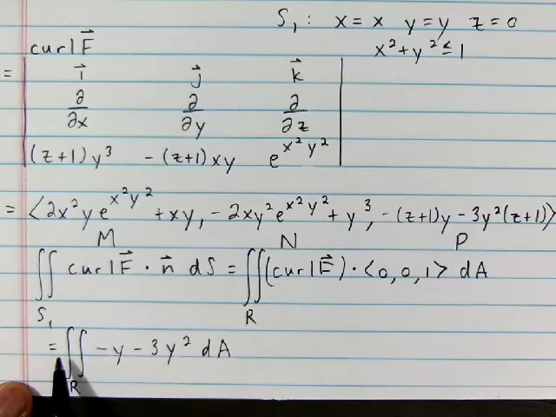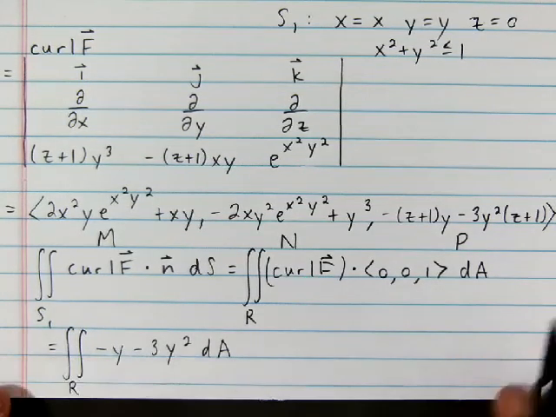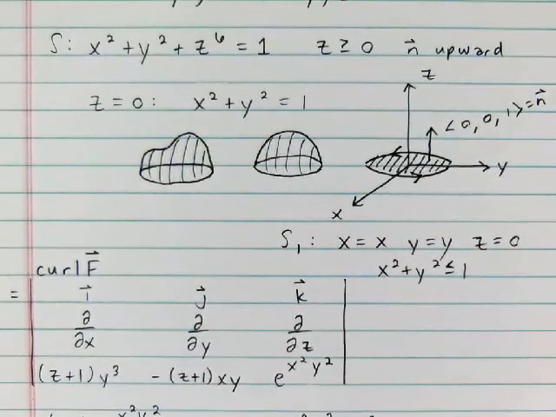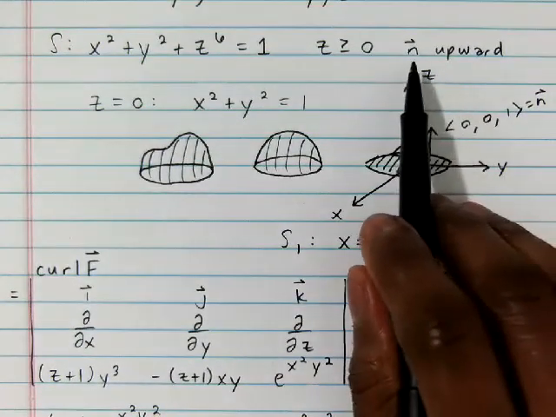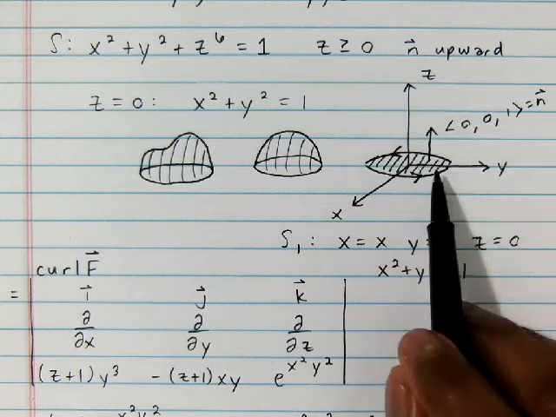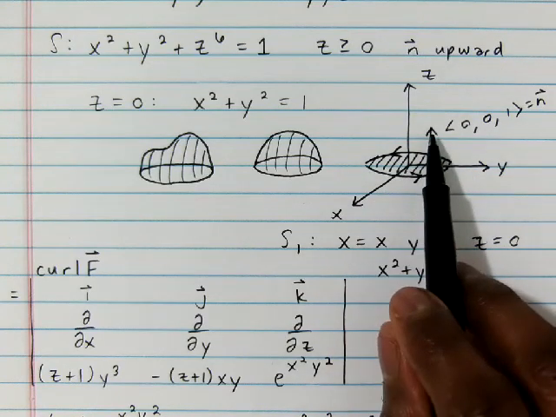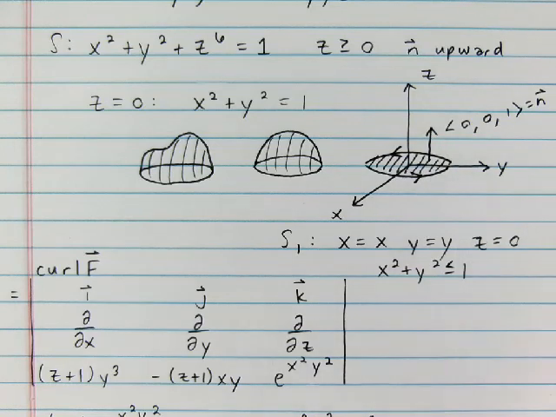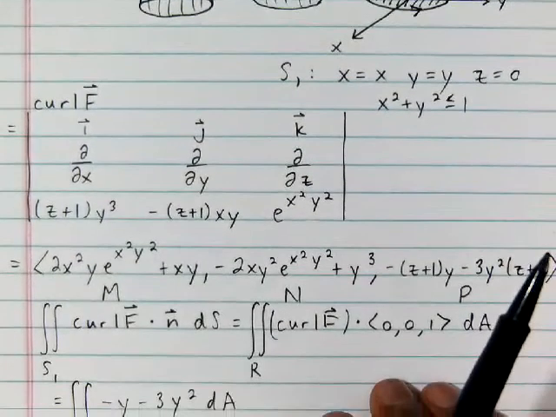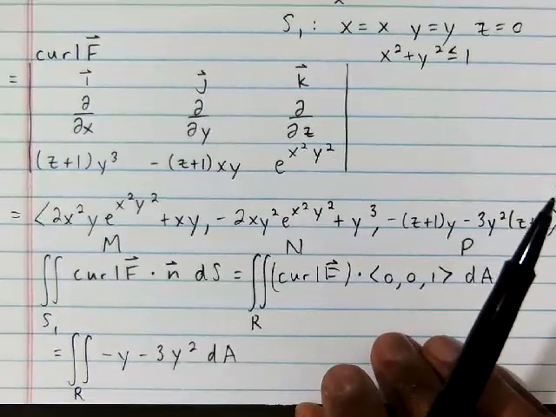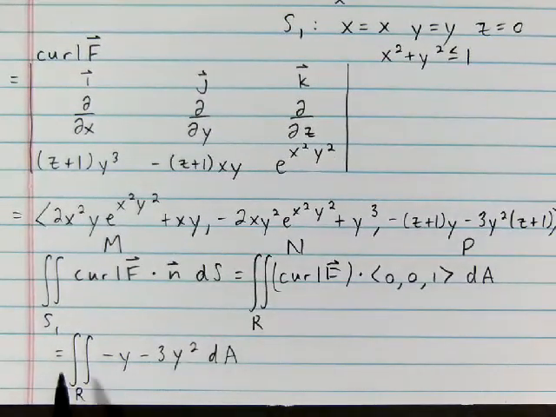Now, should we have a plus sign or a minus sign in front? Let's go back up and check. We were told in the problem that the normal vector was directed upward, and we directed our normal vector upward on our surface that we chose. So that means we're just going to keep the plus sign. We don't need to put a negative sign out front here.